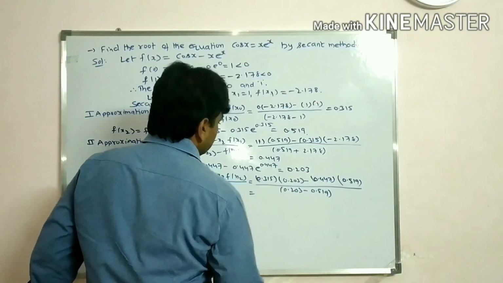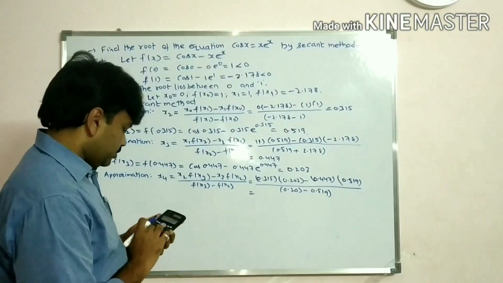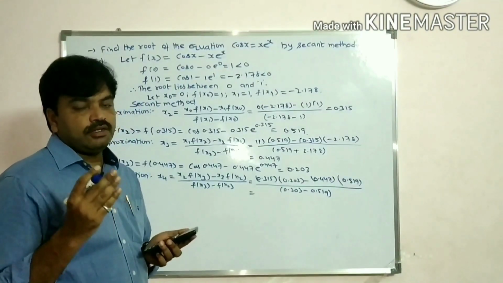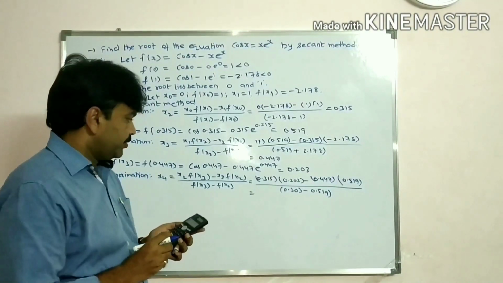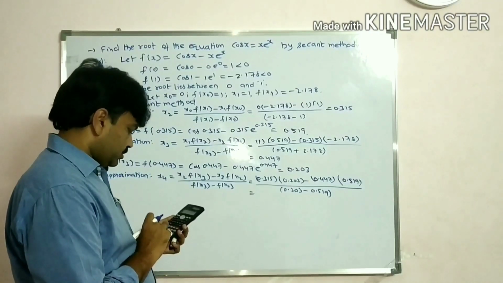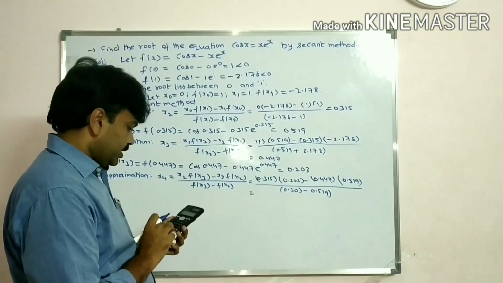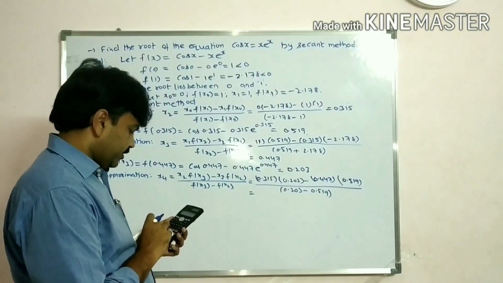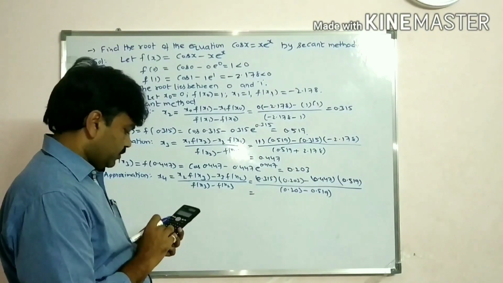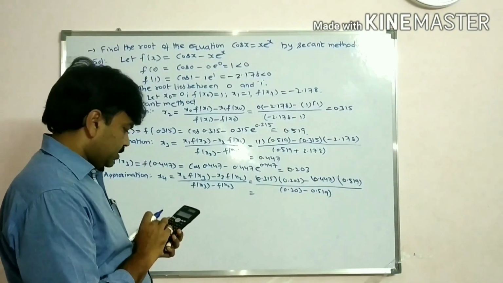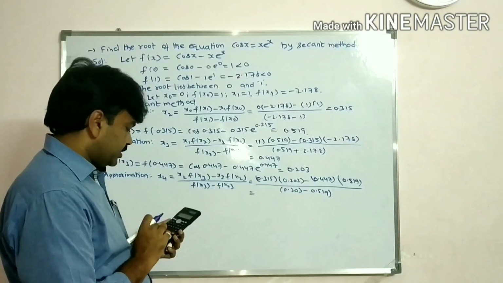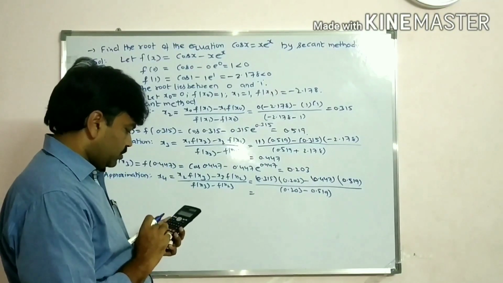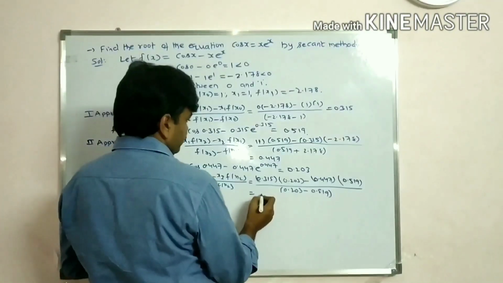So that is equal to bracket 0.315 into 0.203 minus 0.447 into 0.519, bracket close, divided by bracket 0.203 minus 0.519, bracket close, is equal to, you get 0.532.